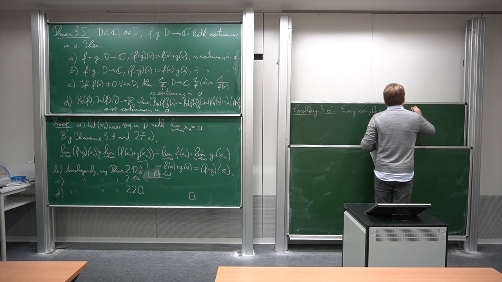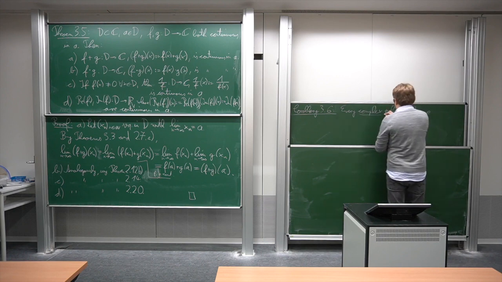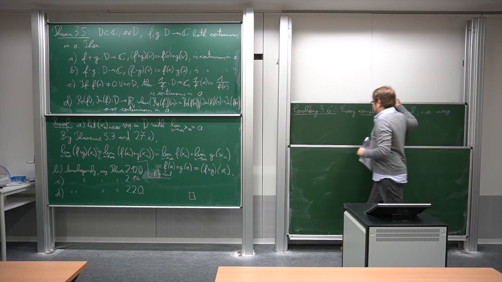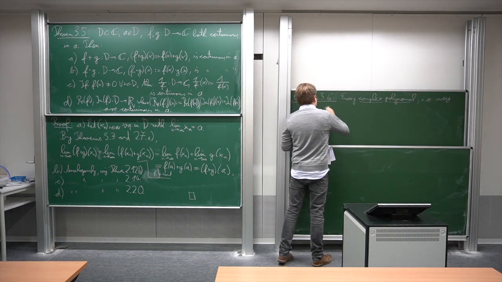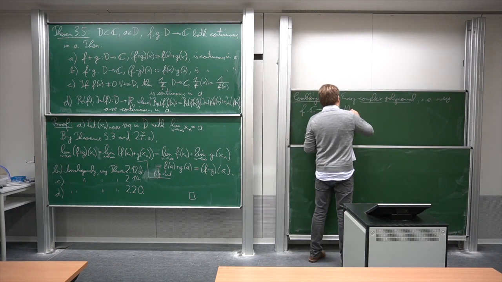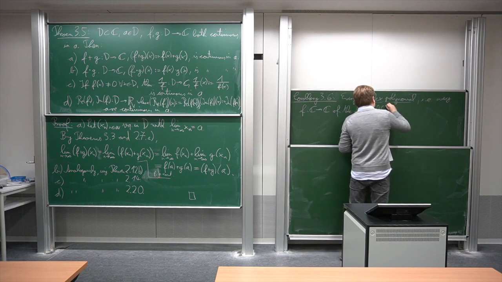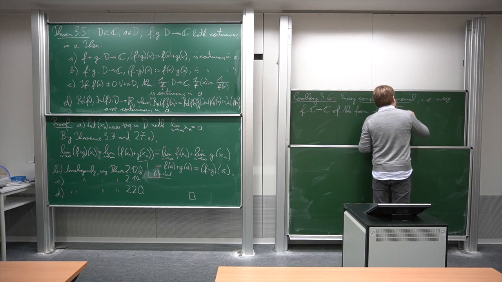Polynomial, i.e. every function f from C to C of the form f of x is a sum from k equals 0 to n of a_k x to the power of k.